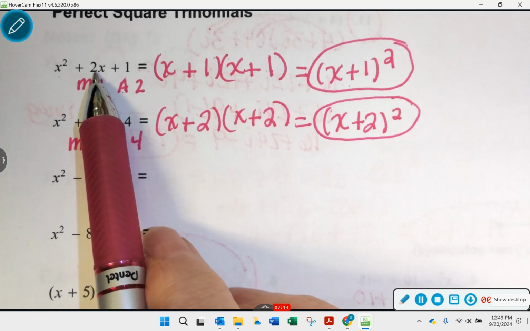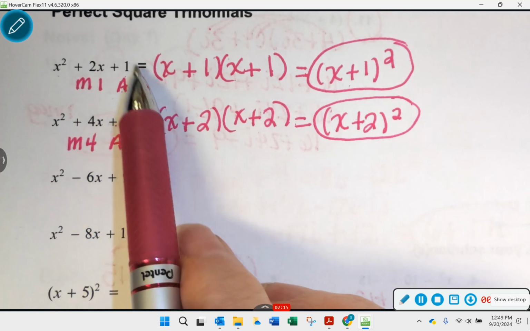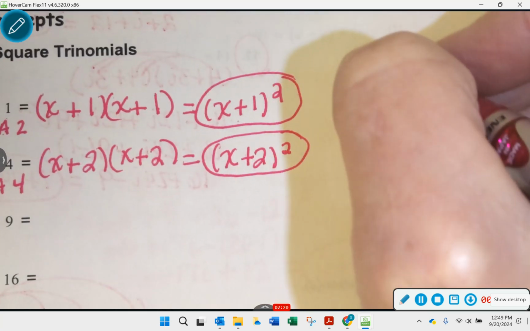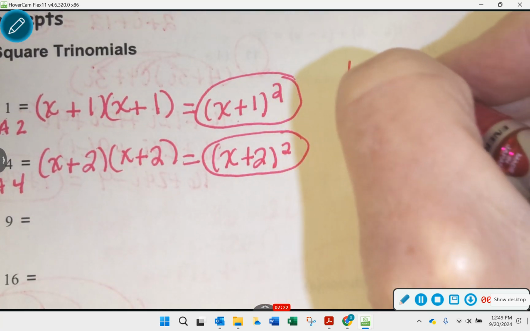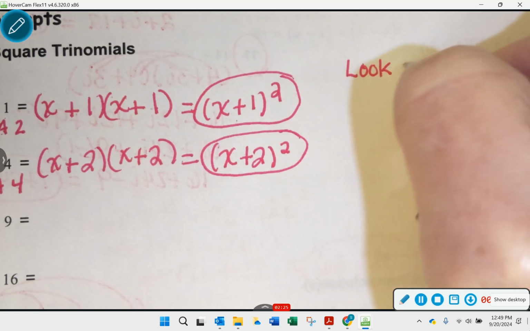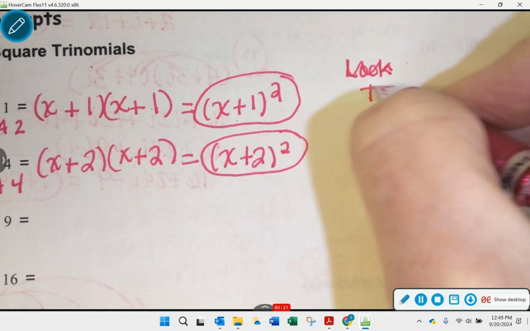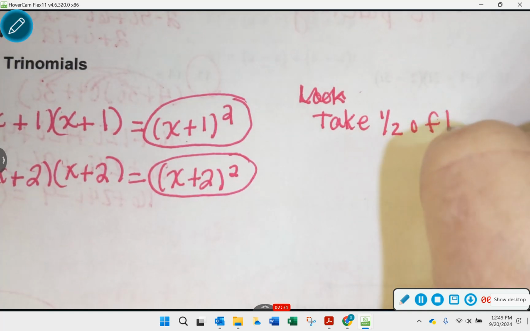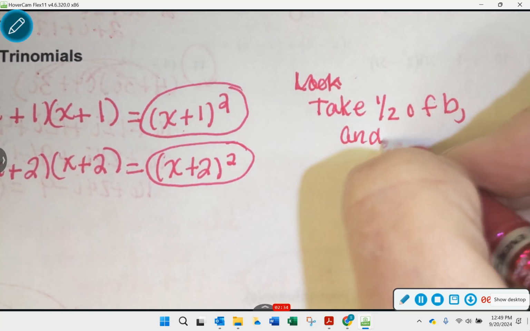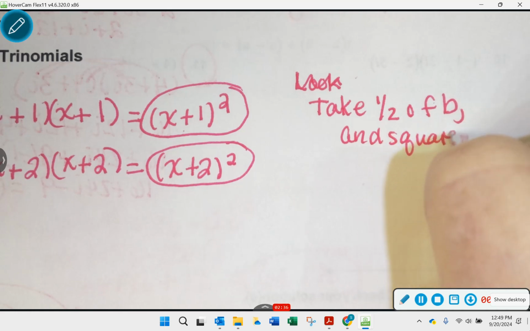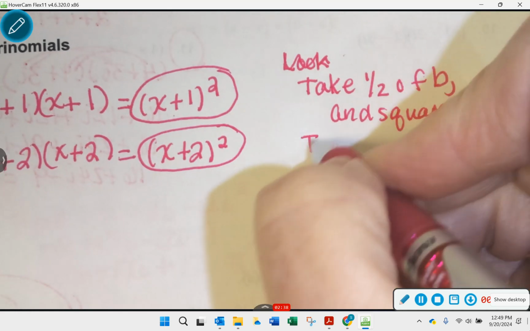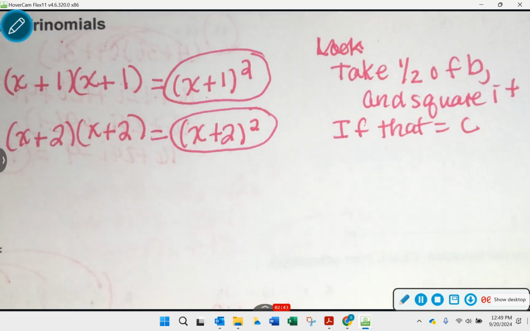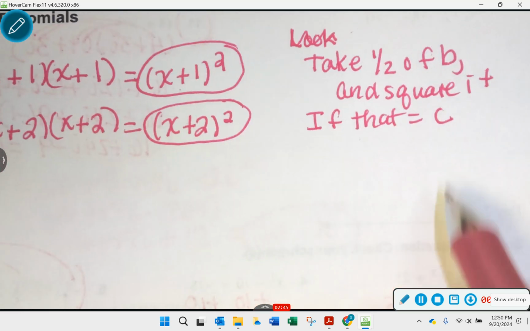I want you to look at some pattern here. What is half of 2? And then what's 1 squared? 1. So let's do it this way. Let's say take half of B and square it. If that equals C, then it is what we call a perfect square trinomial.